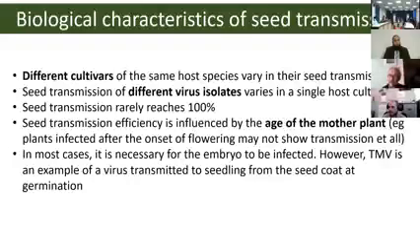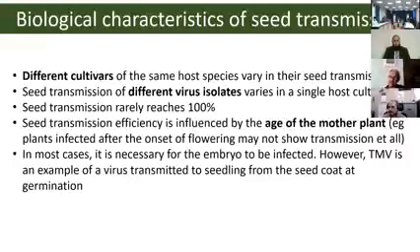Also, the virus strain itself is very important for seed transmission. We have strains which are very easily seed transmitted, and others which are not transmitted by seed at all.